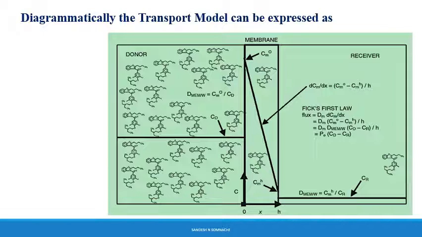It consists of two chambers. Generally consider one vessel, two chambers. One is a donor chamber and another one is a receiver or acceptor chamber, and they are separated by a semi-permeable membrane having the thickness of H. CD is the concentration of drug in the donor chamber, while CR is the concentration of drug in the receptor chamber.